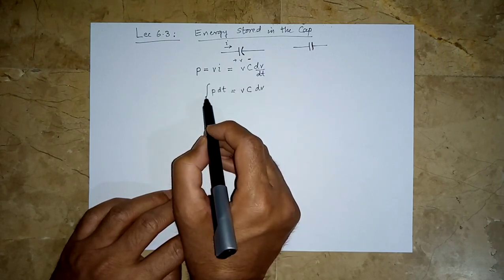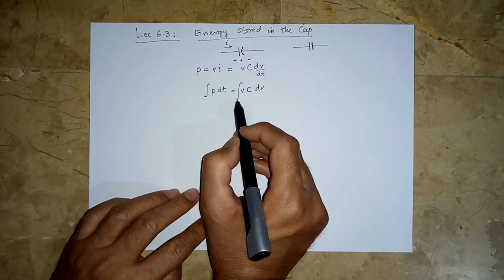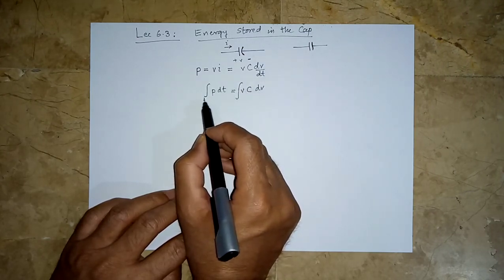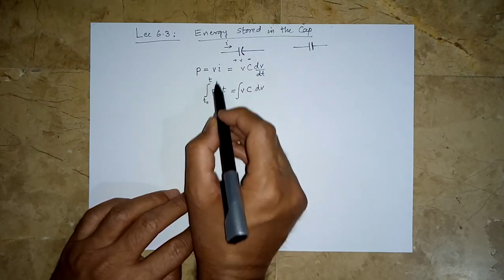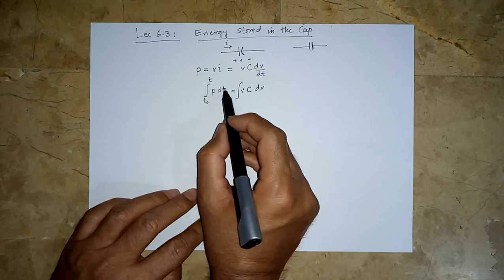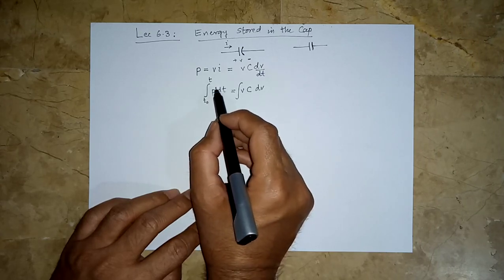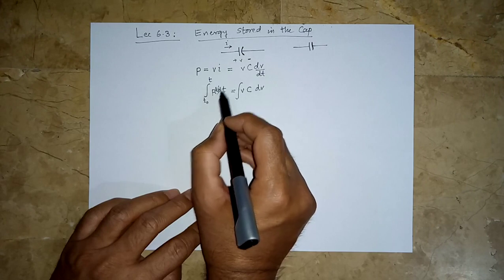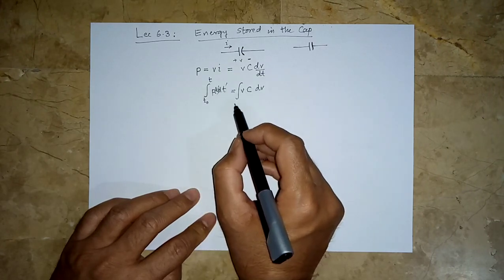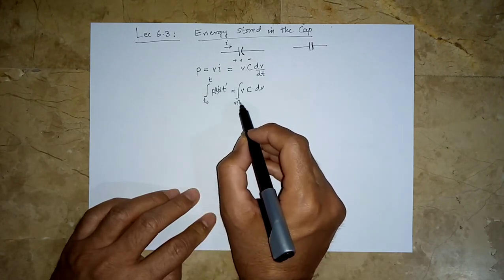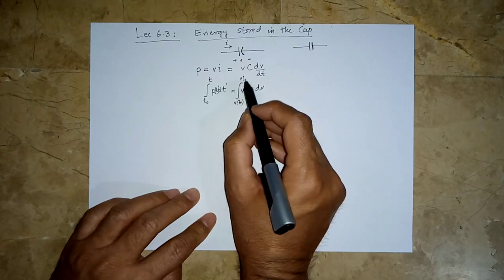Now we integrate this side with respect to time, and this side with respect to V, from some earlier time t naught to the current time t. Because t appears in the limit, we change the variable name, and use V at t naught and V at t.